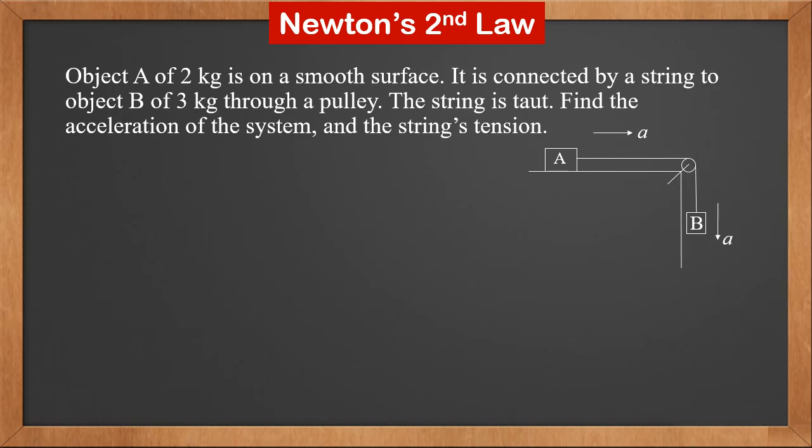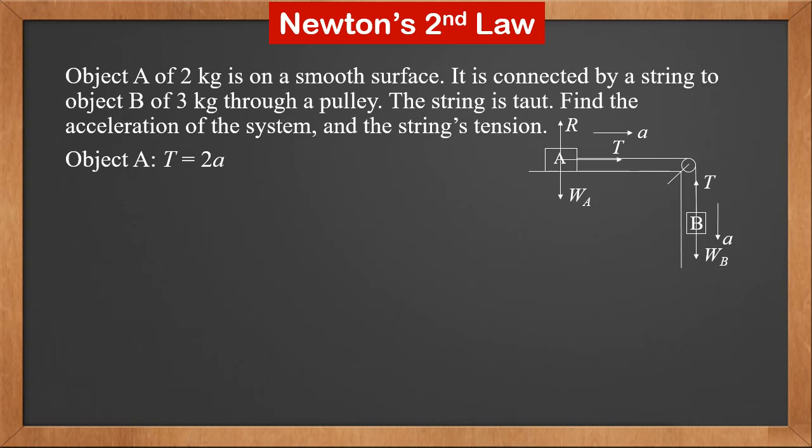Now, let's sketch the force diagram for the two objects. For A, there's weight WA, normal reaction, and tension T. For B, there's weight WB and tension T. Since it's the same string segment, the two T's are equal. For object A, in the horizontal direction, using Newton's second law of motion, T is ma, and m is 2.